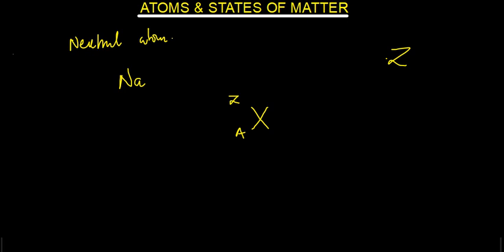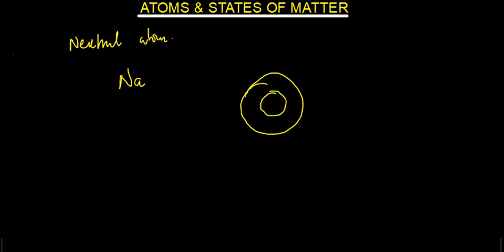So for an atom, how do you calculate the mass number before I talk about neutral and everything? Let's say we have an atom like this, and in the nucleus you have 7 protons and 6 neutrons. The other term for mass number is nucleon number.